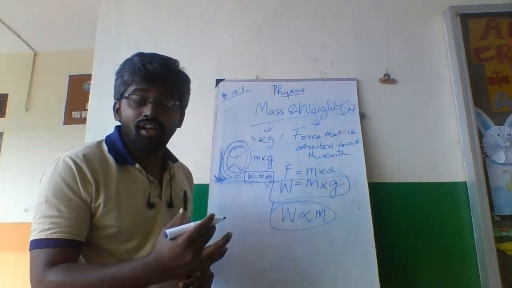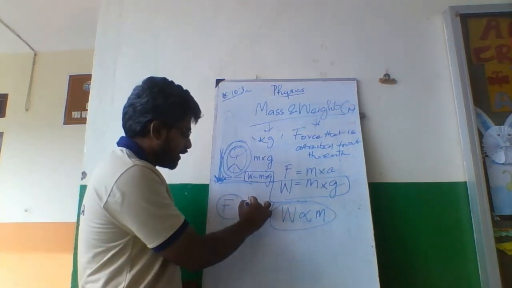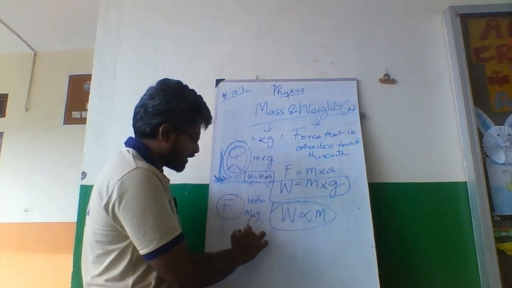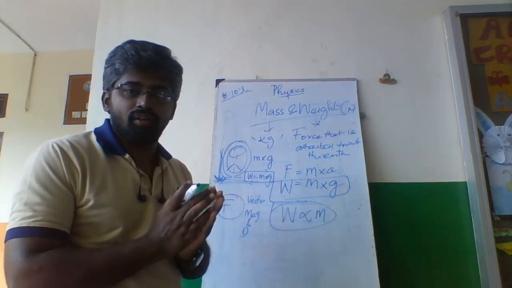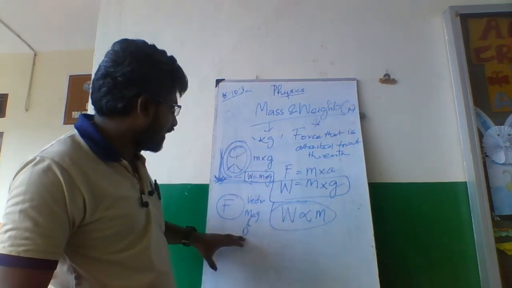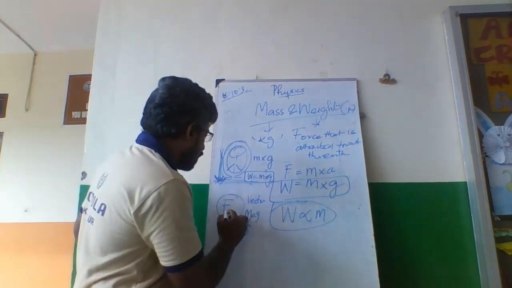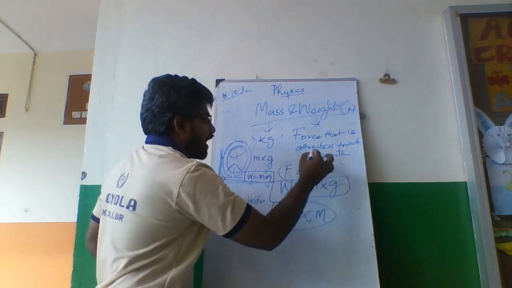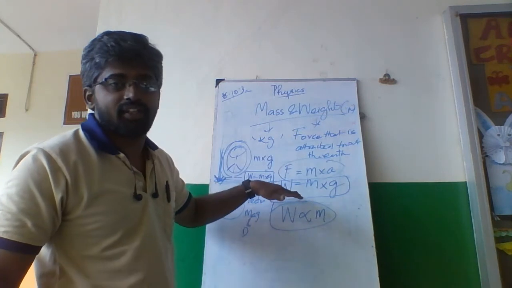Now this you already know, force is a vector quantity. Force is a vector quantity means it has both magnitude and direction. The magnitude is the amount of force that is applied, that is a scalar value, and it has a direction, that is downwards. So mass into acceleration is force, and mass into acceleration due to gravity is weight.